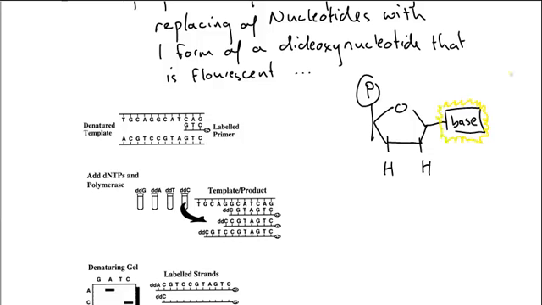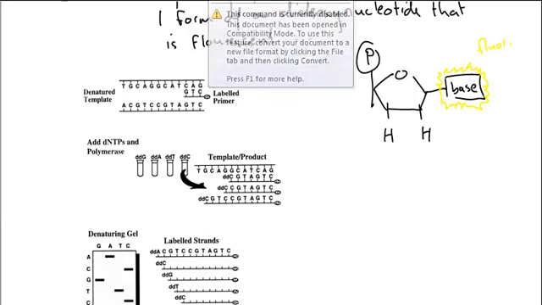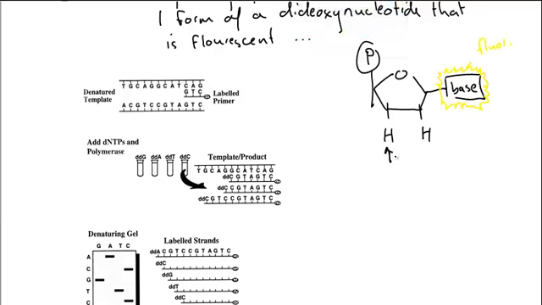A will be one color, T will be a different color, G a different color, and C a different color. Okay, and by making it dideoxy, any place a dideoxy base incorporates, we cannot add on to the chain.